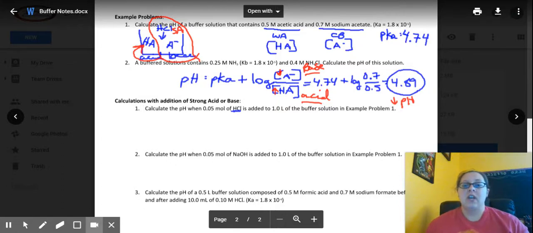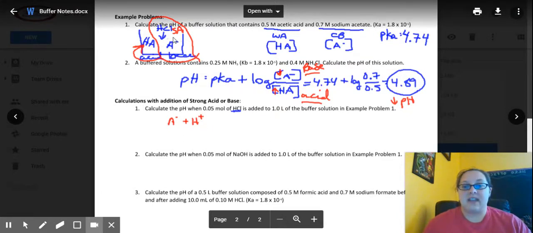So let me show you the step-by-step process of what we need to do. First step, we want to write our reaction of what's happening. Now, there's two ways you can do this. If you're in a hurry and it doesn't ask you on a free response question to actually write out the reaction, all I have to do here is say A minus plus H plus. Where am I getting that from?